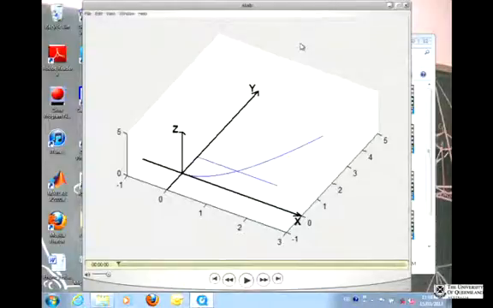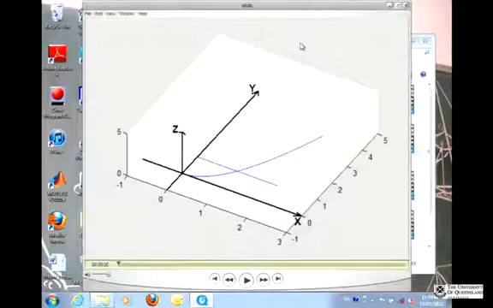So you can see the region there, bounded by those three curves in the xy plane.